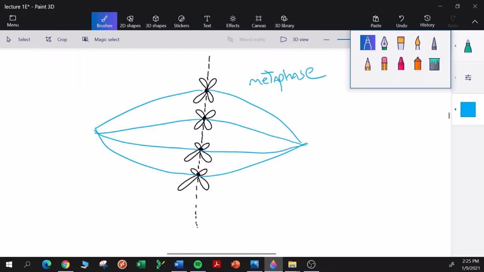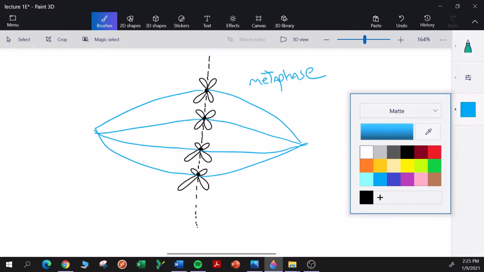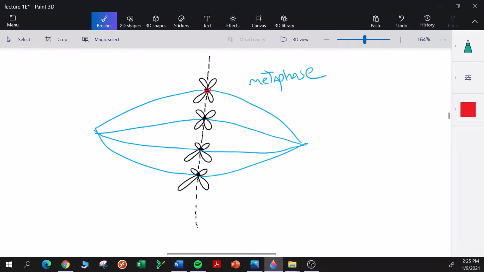Now, remember, cohesin is holding together the sister chromatids at the centromeres. And that holds the sister chromatids together and holds that centromere as a single centromere, keeps it from breaking apart. Now, after metaphase, at the beginning of anaphase, shugoshin is degraded by another enzyme.